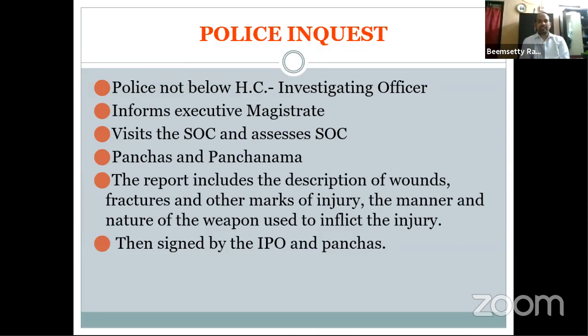Then he'll check the manner and nature of the weapon used to inflict the injury. This is very important. And after doing all this procedure, it is signed by the investigating officer and the panchas, the important people of the society.